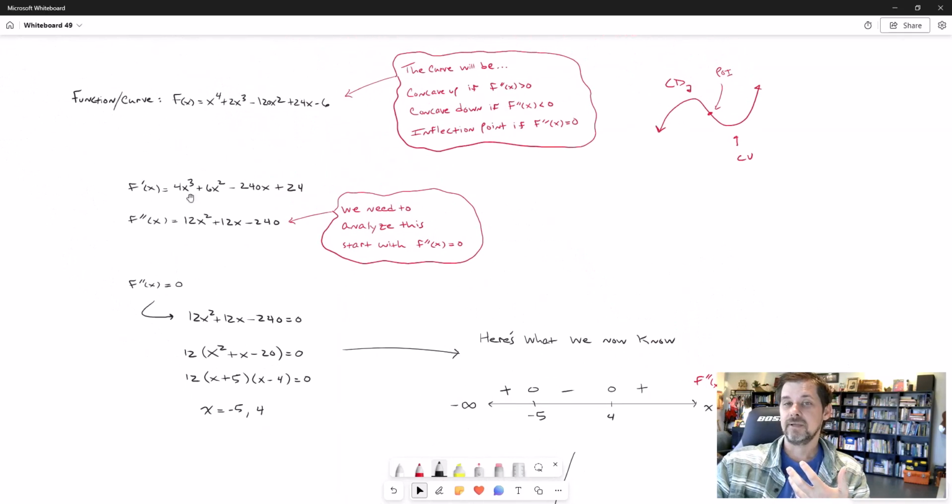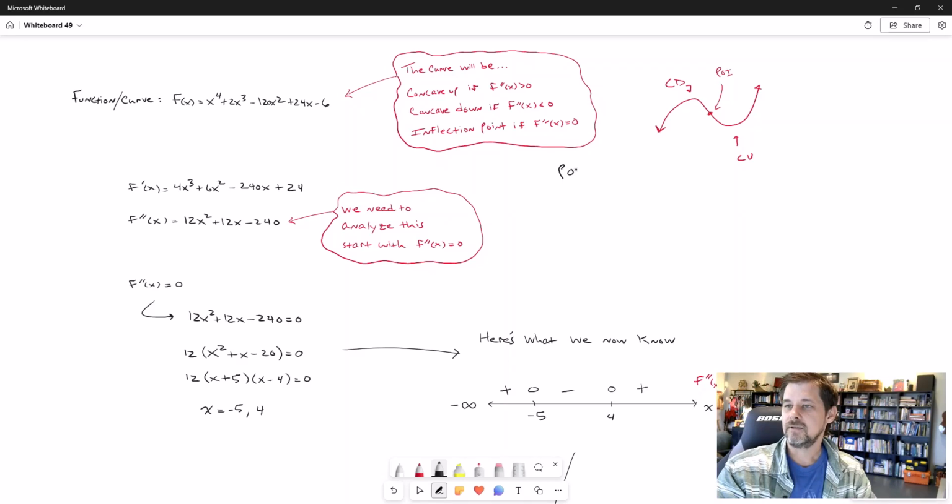All right, but the function itself is what makes the curve and gives you all the individual points that create the curve when you connect them all together. Okay, so what I have to do here is to find the points of inflection.